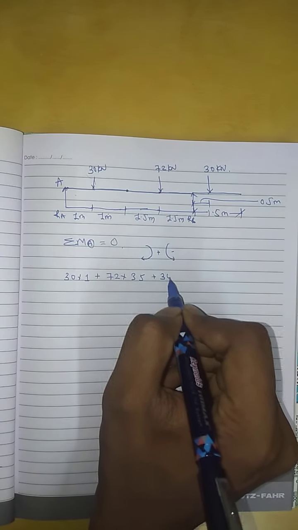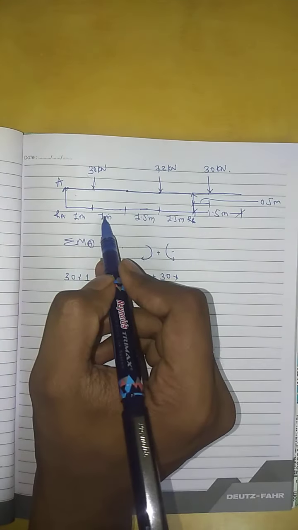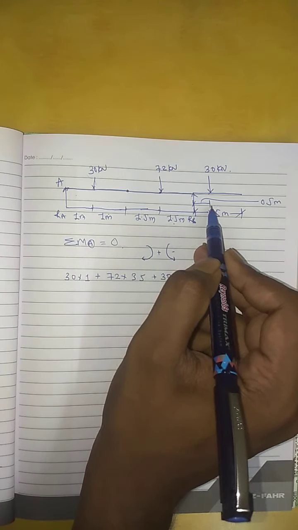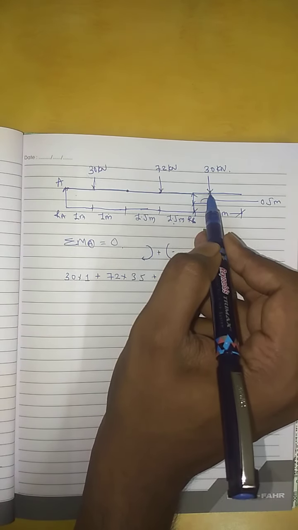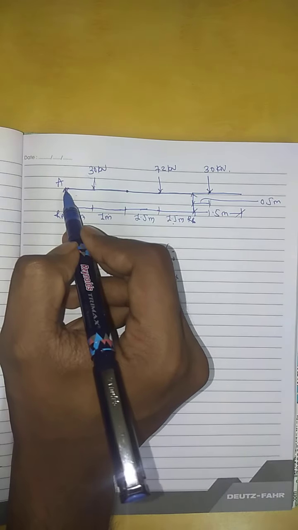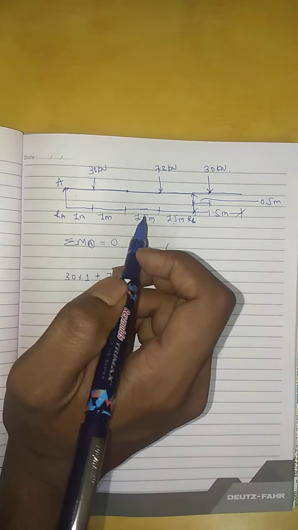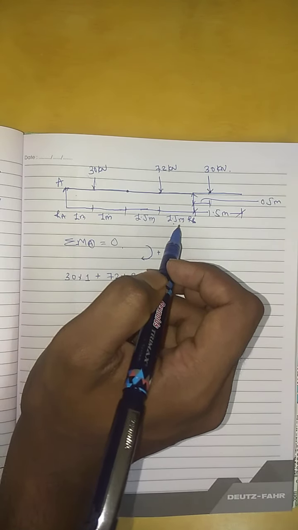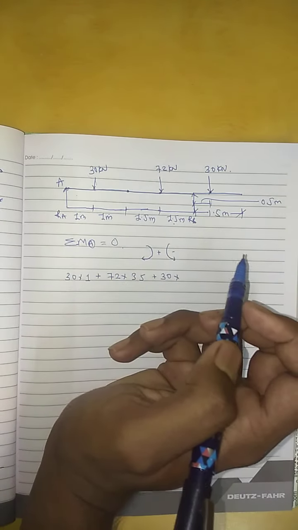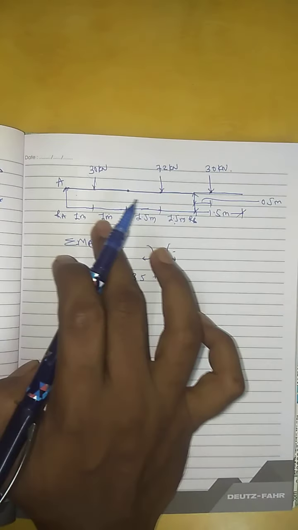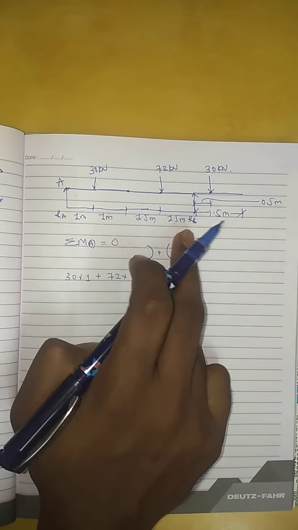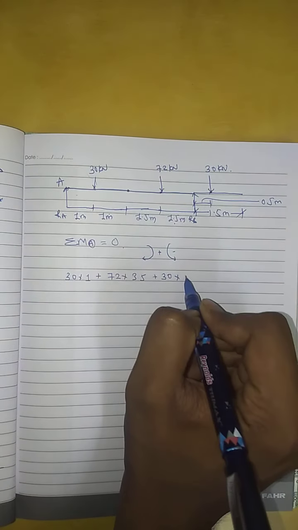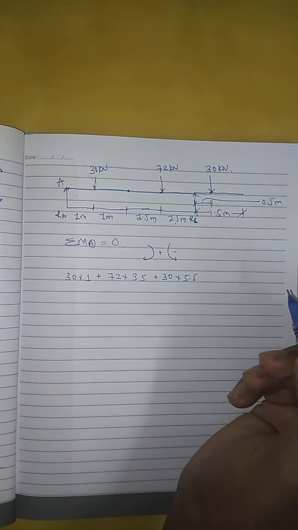So plus 30 into 1 plus 1 plus 1.5 plus 1.5 plus 0.5. So 1 plus 1 is 2, 2 plus 3 is 5, plus 0.5, that is 5.5.